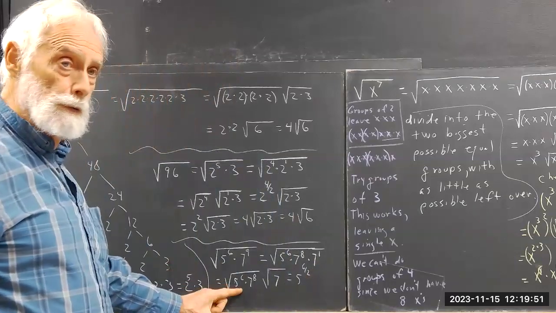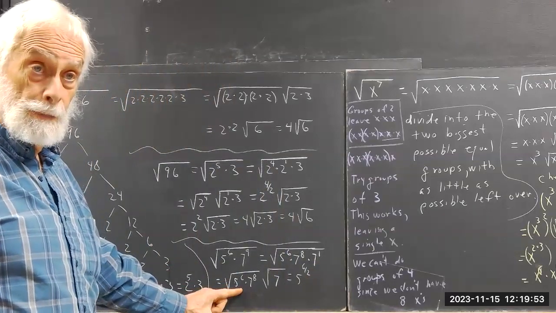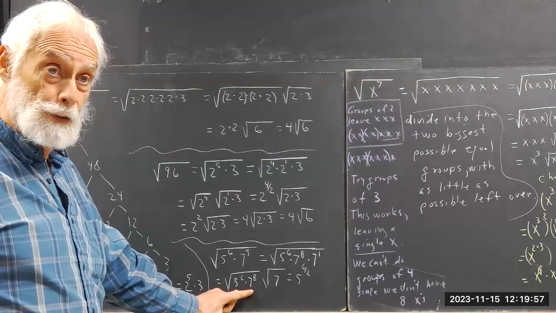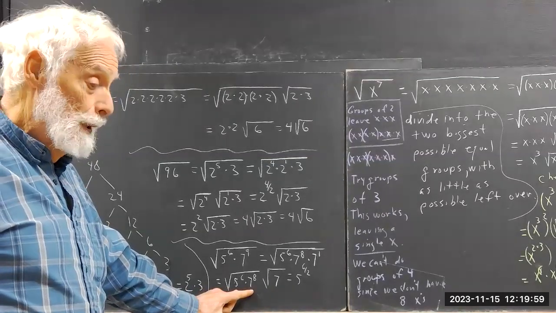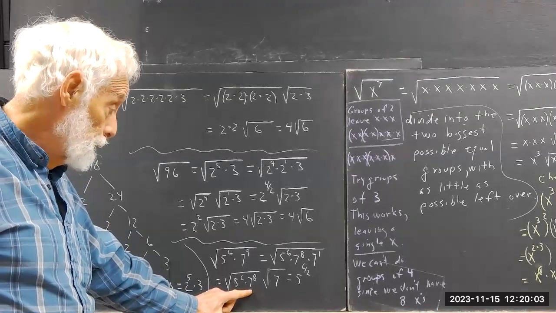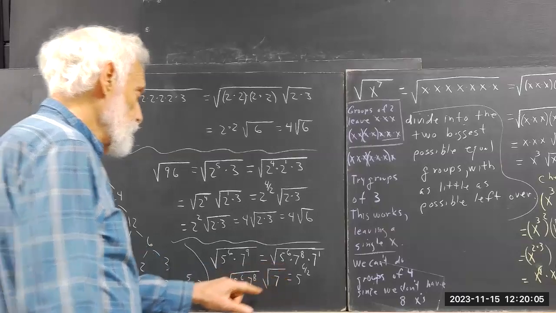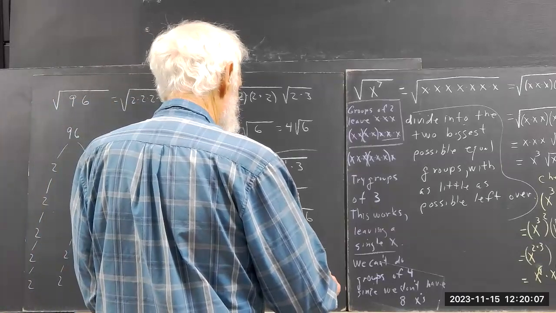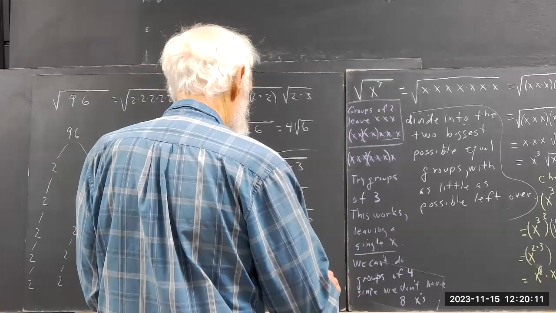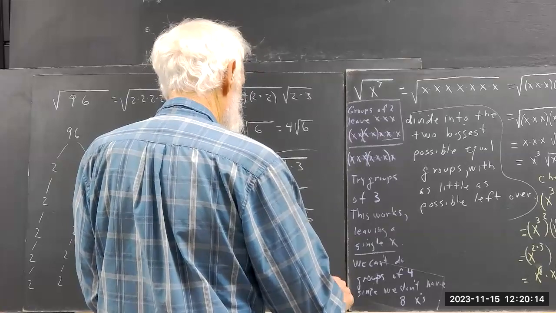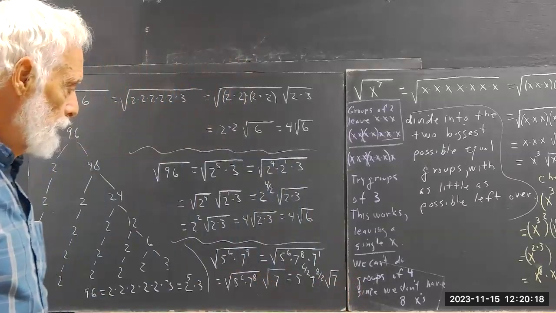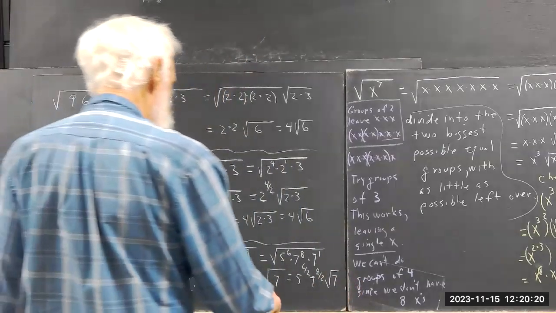Remember, when we take the square root, we cut the power in half. The reason we want to use just even powers is an odd power doesn't give us a whole number when we cut it in half. Even powers do. So we do 5 to the 6 over 2, 7 to the 8 over 2, and then we still have the square root of 7.